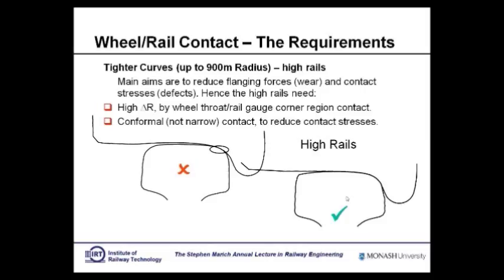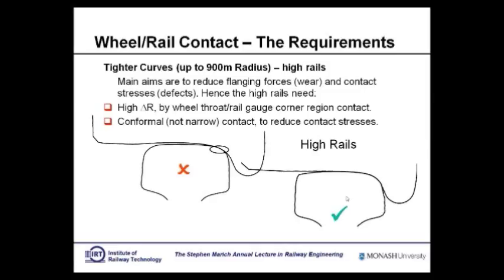Here, of course, the main aim is to reduce the flanging forces applied by the wheel sets, and also the contact stresses between the wheel and rail, because contact stresses will affect the defects that you get. So the high rails require a high rolling radius differential to get the good steering towards the other rail. So that reduces the loads, lateral loads, and reduces wear.